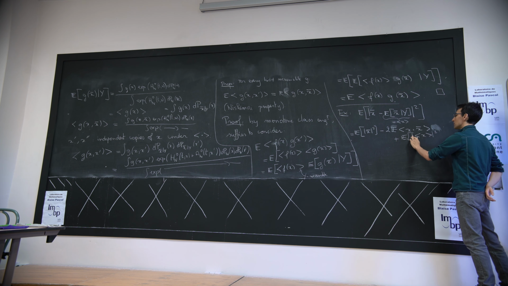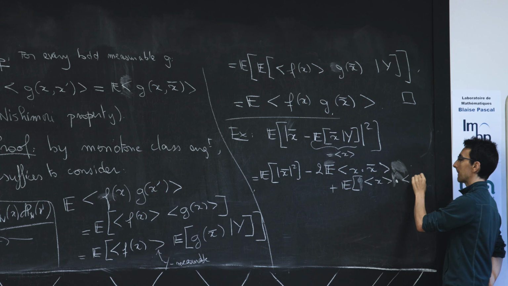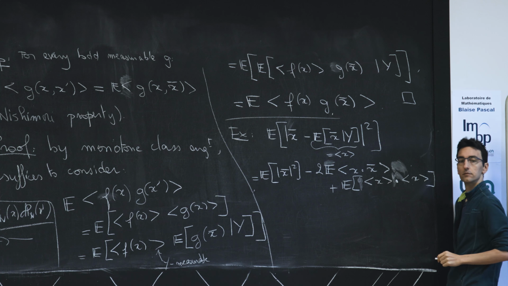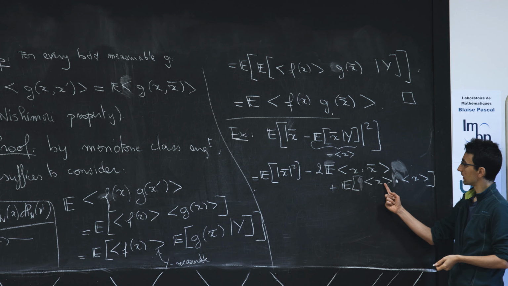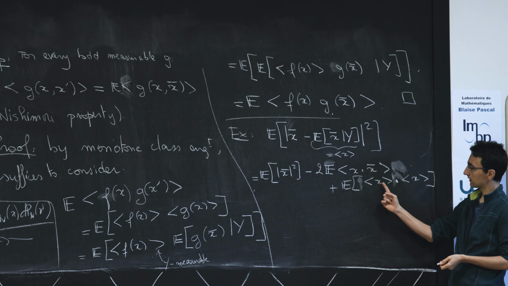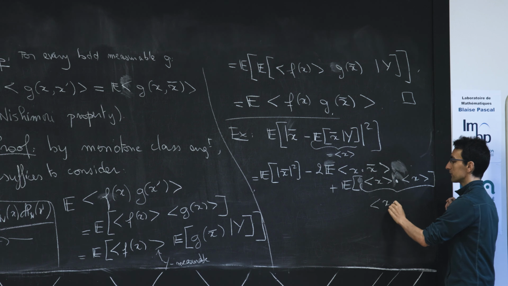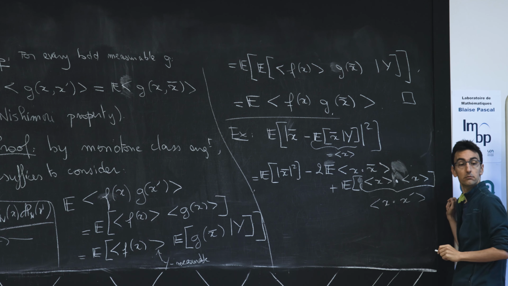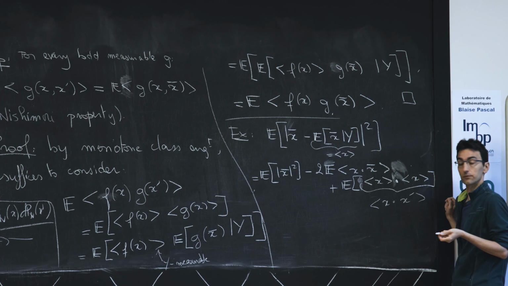Maybe I'm going to rewrite bracket x squared like this, bracket x dot bracket x. So instead of writing bracket x dot bracket x, I could also write one bracket and then just x dot x prime. Right? X prime is made for that. It's just an independent copy of x.